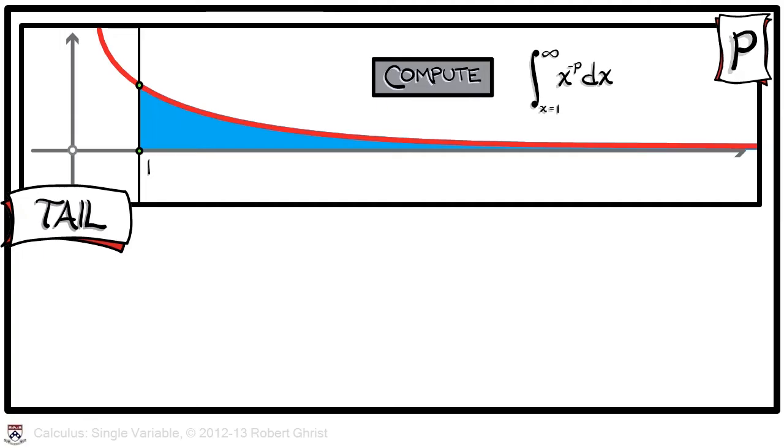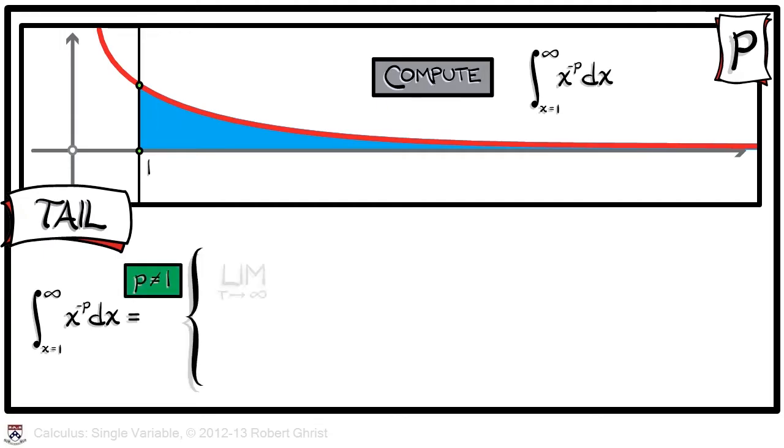If we integrate x to the -p dx, that is easy enough. That's going to equal, as long as p is not equal to 1, x to the 1 minus p over 1 minus p. We need to evaluate this as x goes from 1 to t, and then take the limit as t goes to infinity.